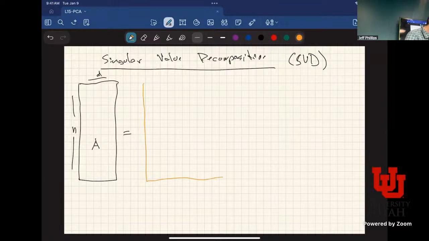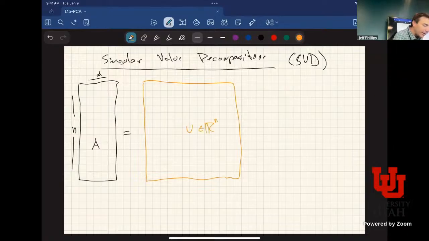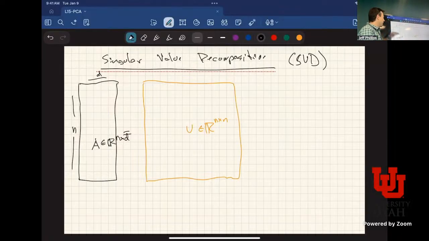Okay, and this first one is going to be U. It is going to be N by N. Remember, A is N by D, so N rows and D columns. Now I have N by N here.